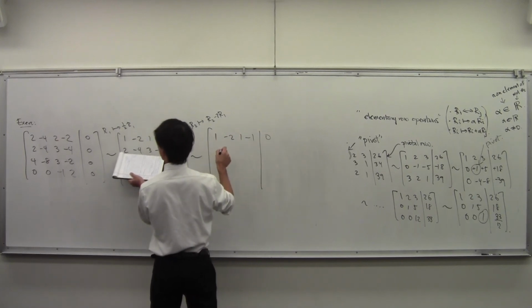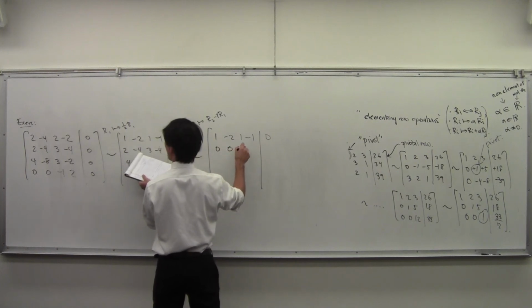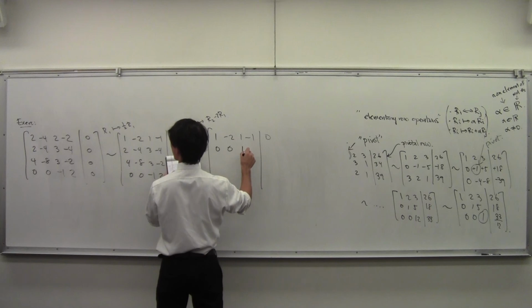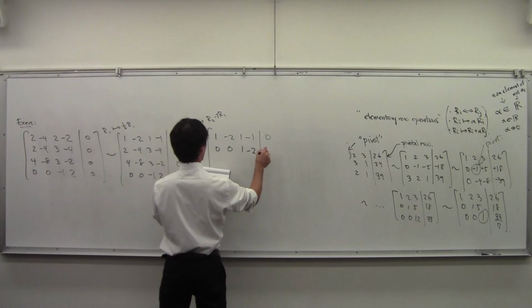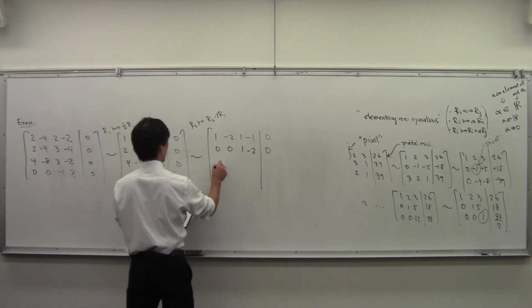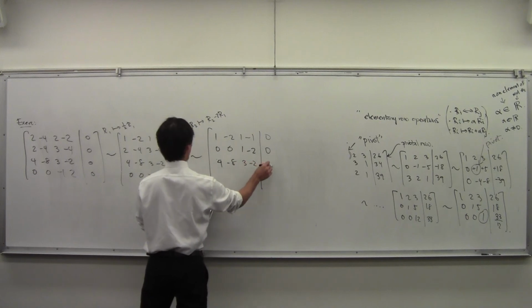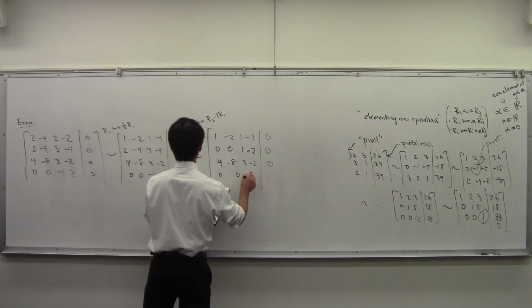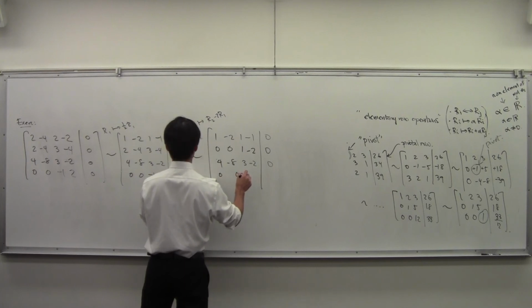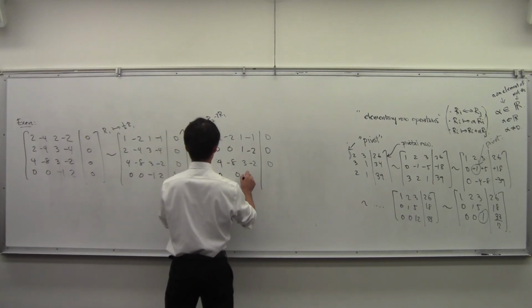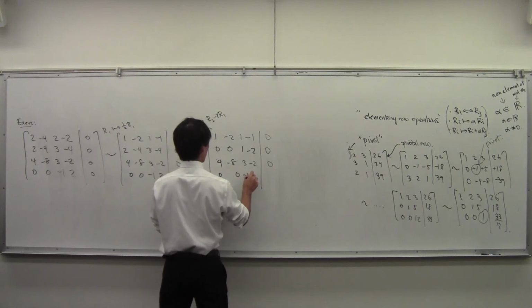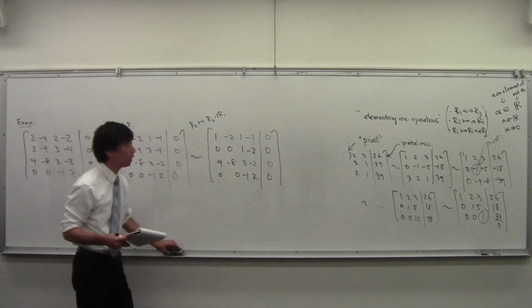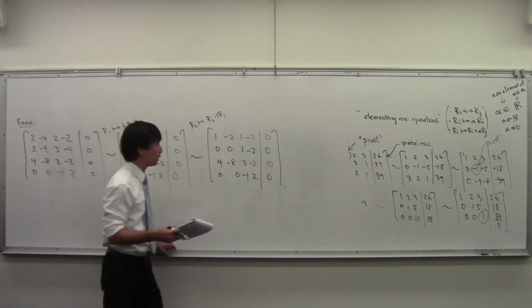And then this minus that gives me 0, 0, 1, -2, 0. And then the rest stay the same. 4, -8, 3, -2, 0, 0, 0, 0, -1, 2, 0. And then you clear out the third row.